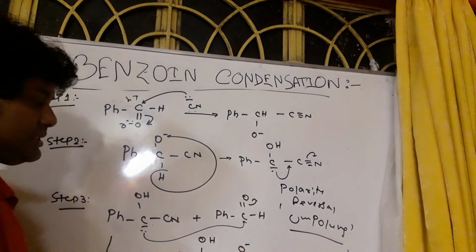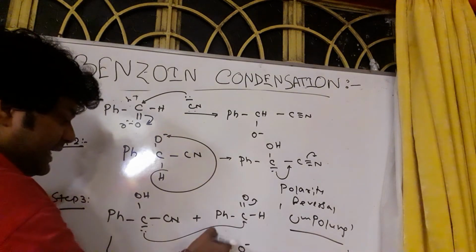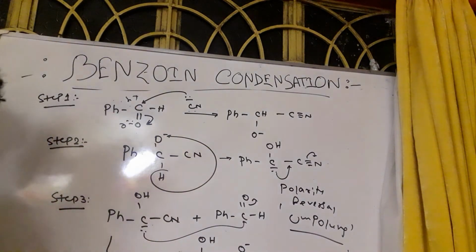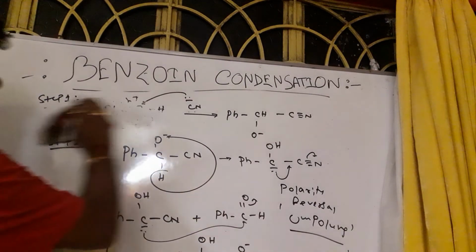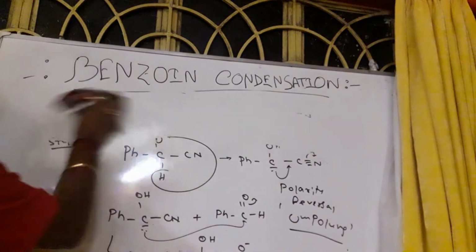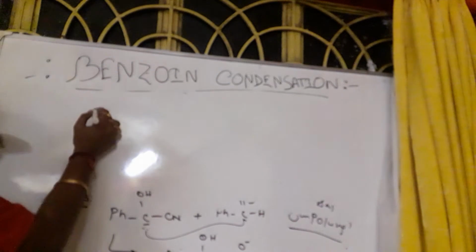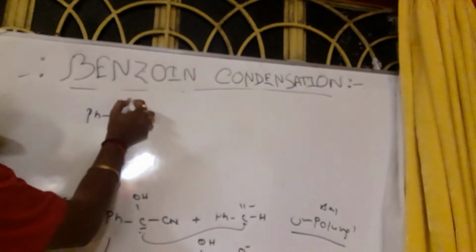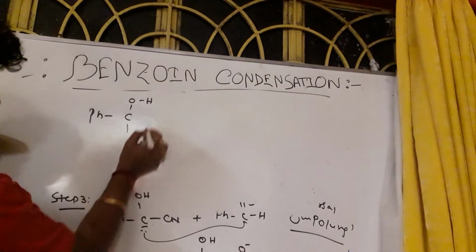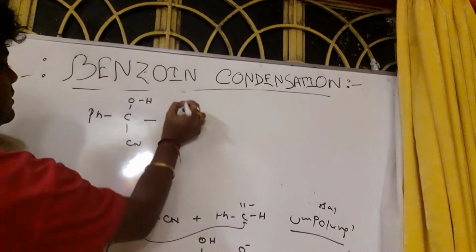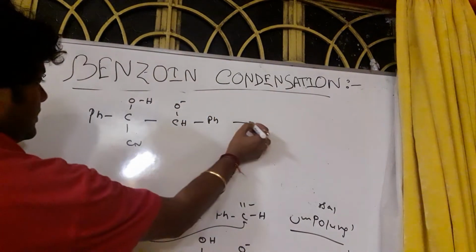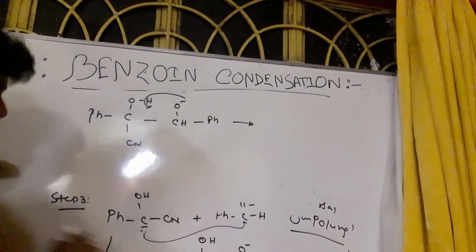What happens after this? This minus takes this H. So we can take it as step 4. And let's see what happens in step 4. That is, this O minus withdraws this H. Why?